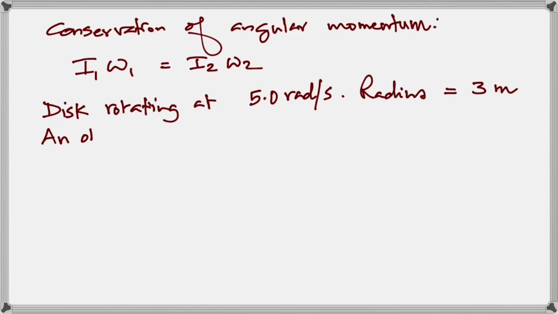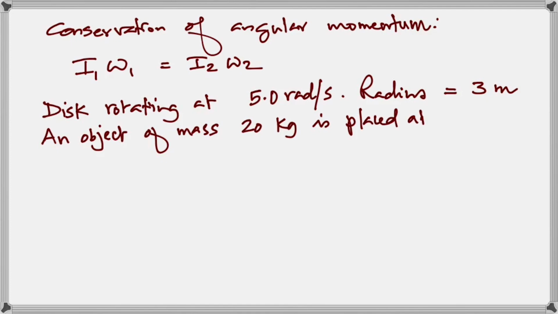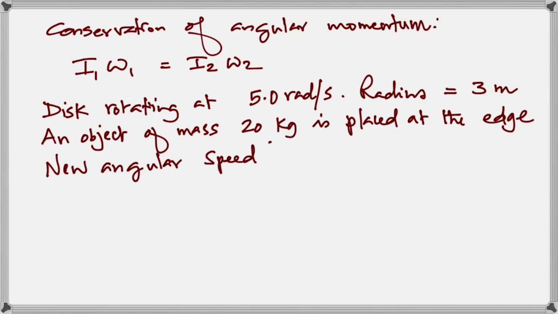And as the disk is rotating, an object, don't worry about its shape, it doesn't matter, an object which has a mass of 20 kilogram is kept carefully on the edge, or it's just placed at the edge of this rotating disk. Now, when it is placed at the edge of the disk, we know that the rotational inertia of the system is going to change. So the angular velocity will change, and we have to calculate the new angular velocity or angular speed.